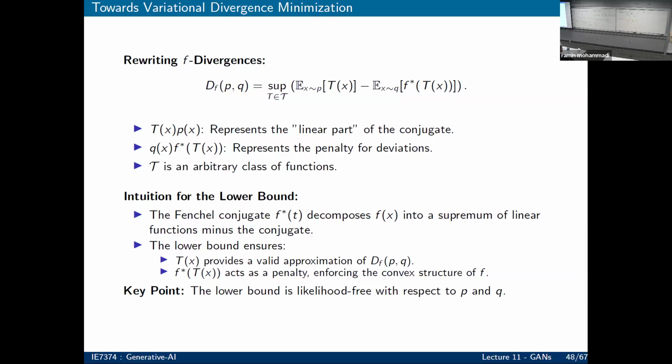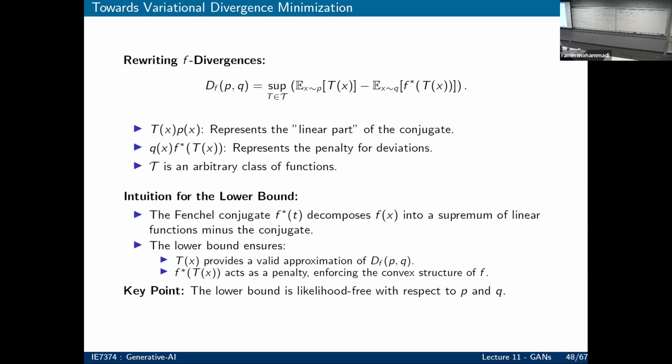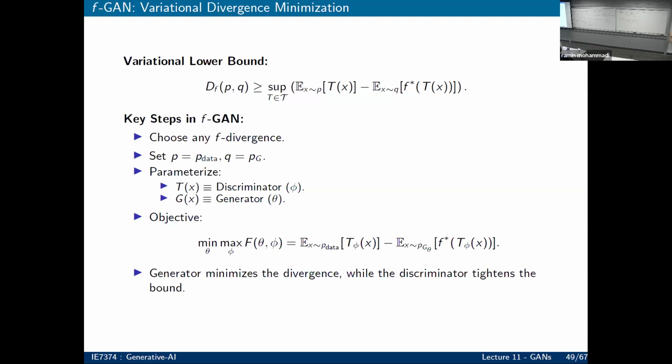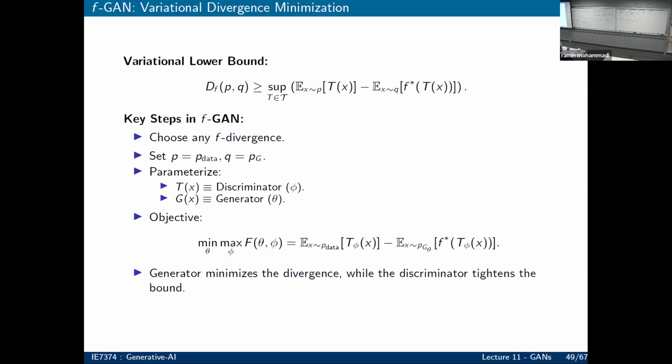And another thing. If you think about the cost that we have, the divergence function on top, because we say this is equal to the supremum, do you agree that we can write it as greater than or equal to the supremum? Because the supremum is the maximum, right?